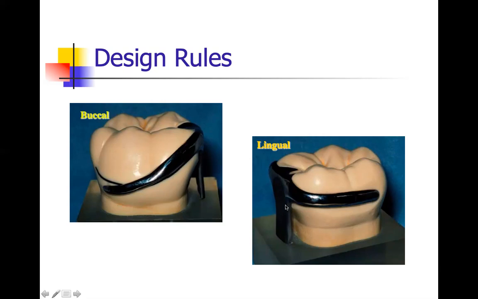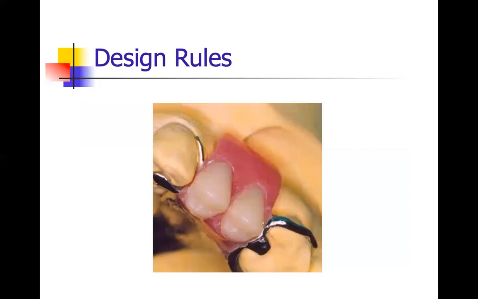The reciprocal arm, this one, should be placed above the height of contour opposite to the retentive arm. The retentive arm should be positioned as far apically on the abutment as is practical, not impinging the gingiva.